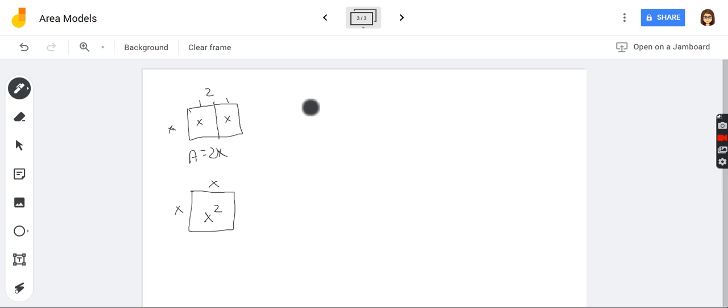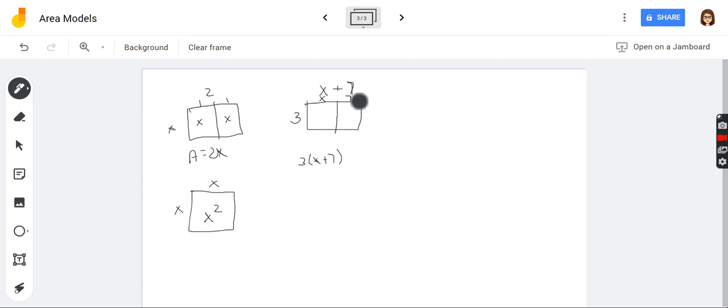So now, what if I gave you a rectangle that was 3 times x plus 7? All right, so how would we figure out how much is 3 times x plus 7? Really, this is what I'm giving you. So using the rectangle, all we have to do is break up this x plus 7 into an x and a 7.